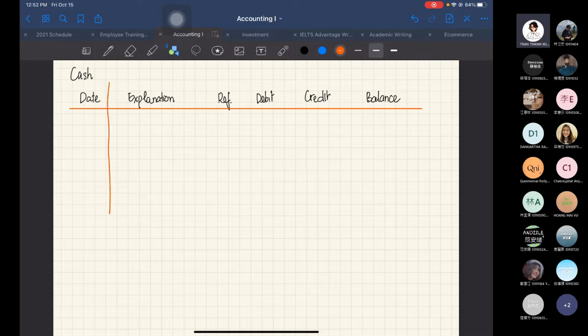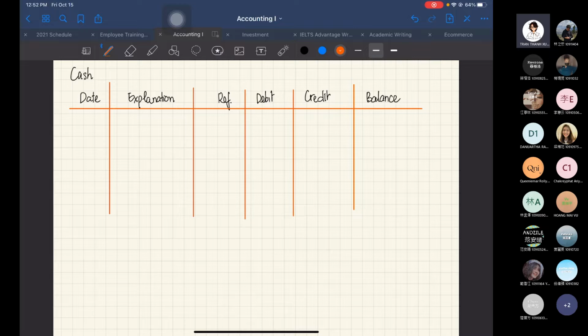Clear? Basically, it will look like this.